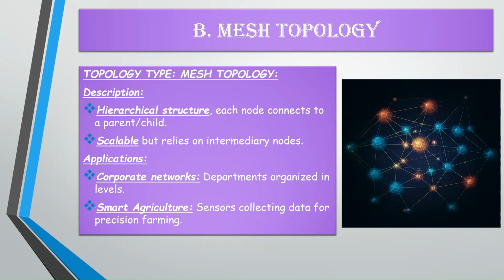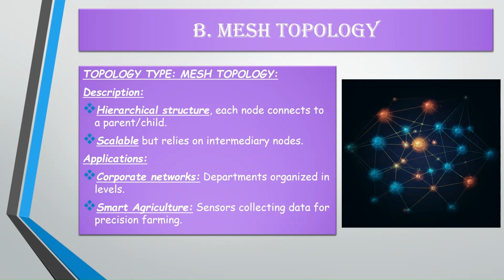Departments can be organized in a hierarchical structure, with each department connected to multiple others. Smart agriculture. Sensors can be deployed throughout a field, forming a mesh network to collect data for precision farming. By understanding the mesh topology, we can appreciate its benefits and potential drawbacks in various IoT scenarios.